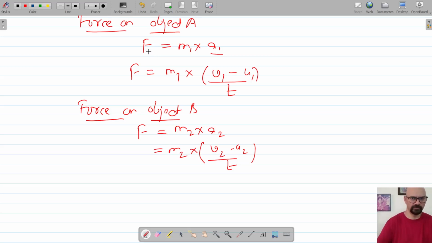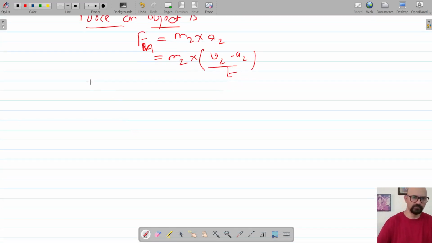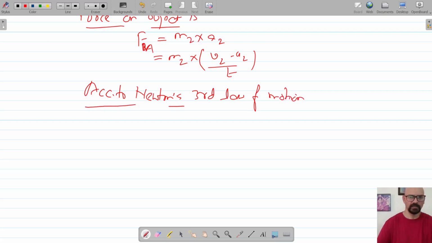This is the force on object A by B, and the force on object B by A. According to Newton's third law of motion, action and reaction are equal and opposite.